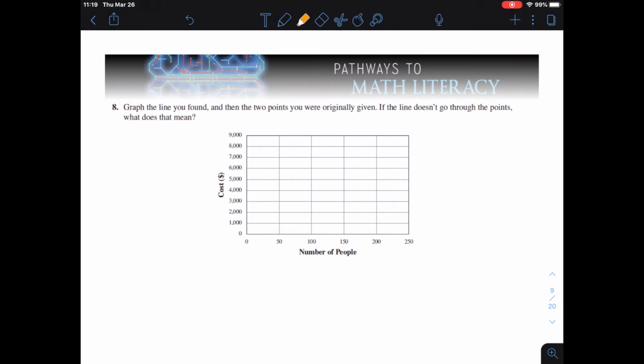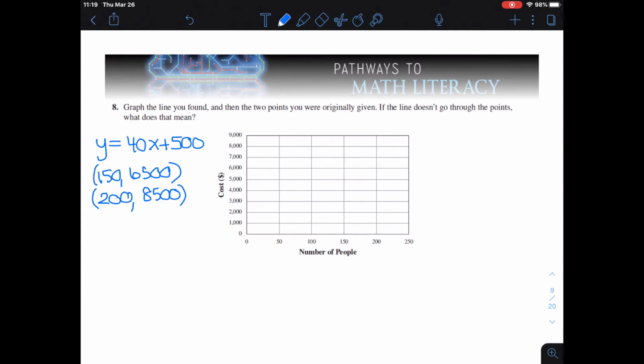Okay. So let's go ahead and graph the line that we found. The y was equal to 40x plus 500. And we're also going to graph the 2 points, which was 150, 6,500, and then 200 people was 8,500.